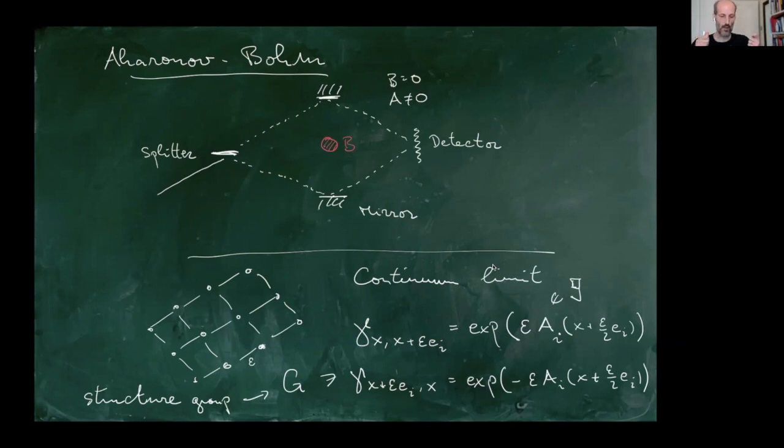Then you have a natural way under which these things transform under the action of the gauge group, where the gauge group is all the functions from the vertices of the graph with values in the structure group.